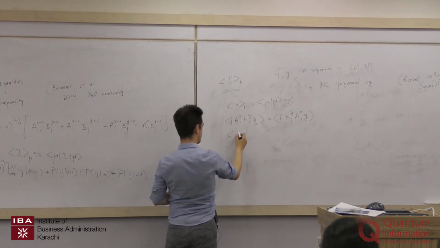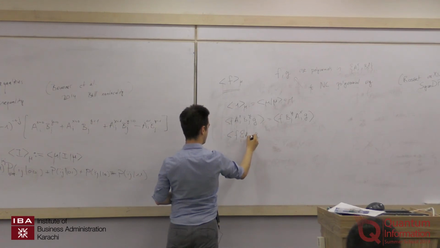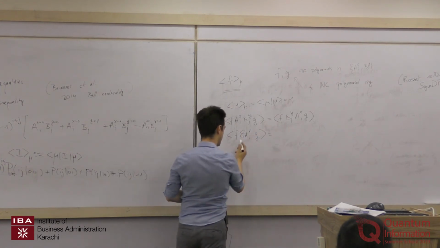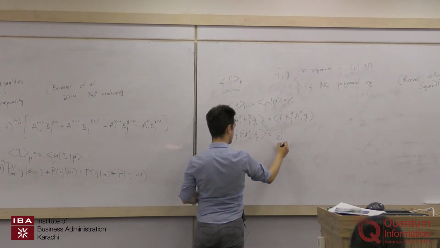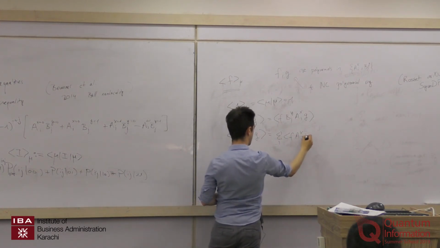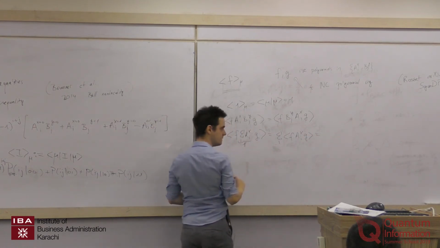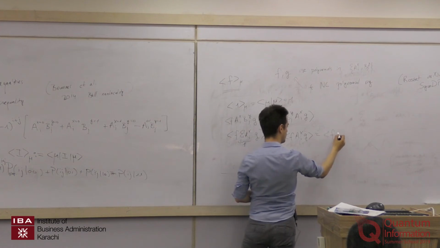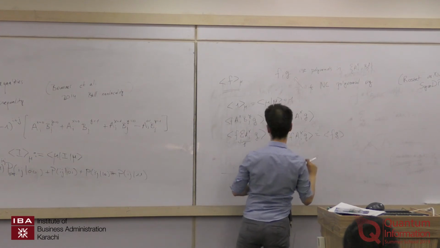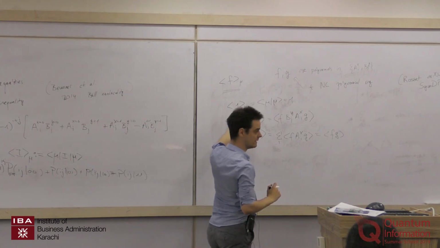And now I know also that if I have f and g, and I have a sum over i of A_{i|x}, by linearity, I can take the sum out. It's exactly the same as summing over that. But I know that this is actually the identity. So this is equal to just the expectation value of fg. One thing you remark, I had said that in my definition, it depends on the state.